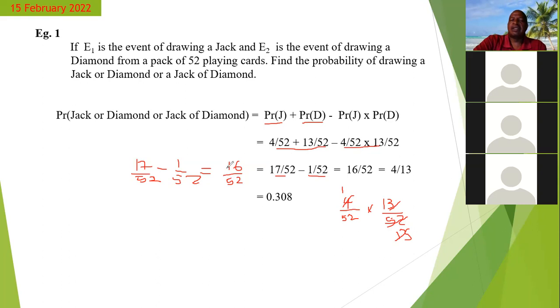Divide by 4. 16 goes 4 times, and 4 into 52 goes 13. So that would simplify into 4 over 13. And if you give it as a decimal, you divide the numerator by the denominator, which is 4 divided by 13, you will get 0.308 in terms of decimal. Is that clear, guys? Any question?